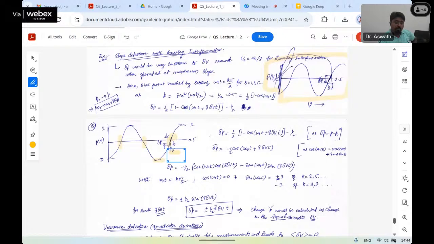From the expression itself I can show that delta P, the change in P, is induced because of the change in V. A change in V adds some extra phase.